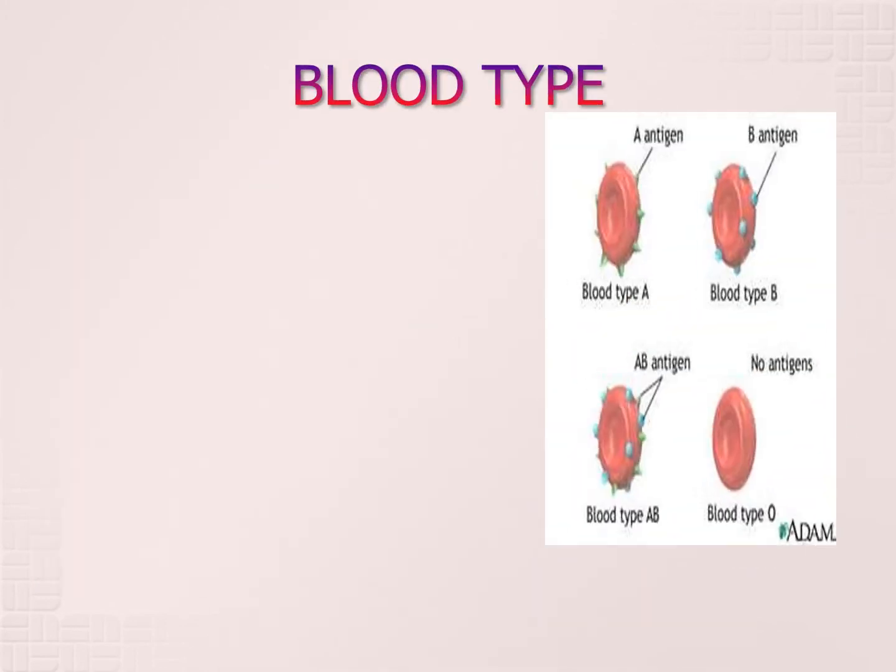Now, you've all heard of blood type. And if you remember when we talked about cells, we said that all cells have proteins on the outside of them. And we have this thing called a marker protein, which marks that cell as yours. But then you also have proteins that say, hey, I'm a red blood cell, or hey, I'm a brain cell, or hey, I'm a white blood cell.